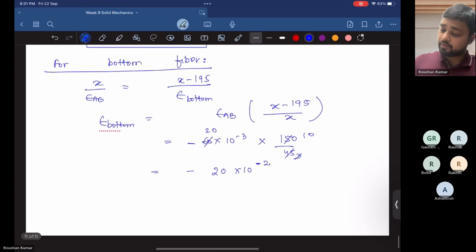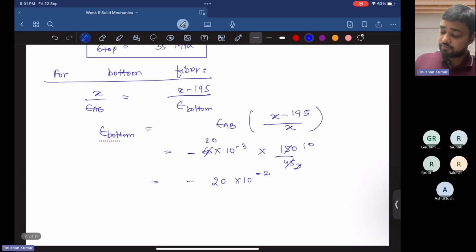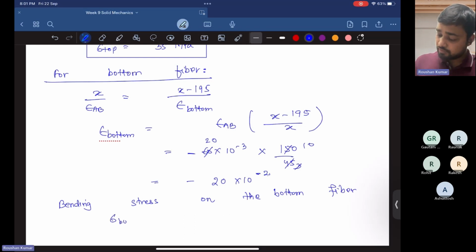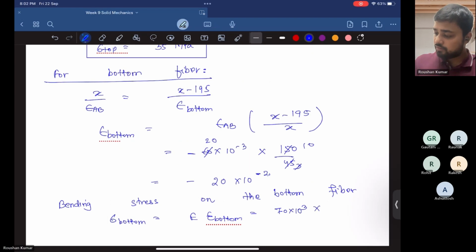Okay, now we have to find the bending stress on the bottom fiber. It is given by sigma bottom equal to E times epsilon bottom, which is 70 into 10 to the power 3 into 20 into 10 to the power minus 2.